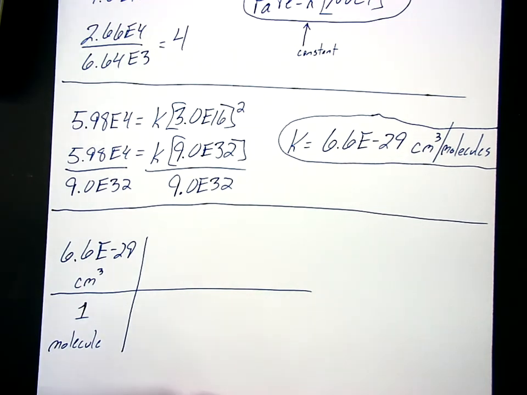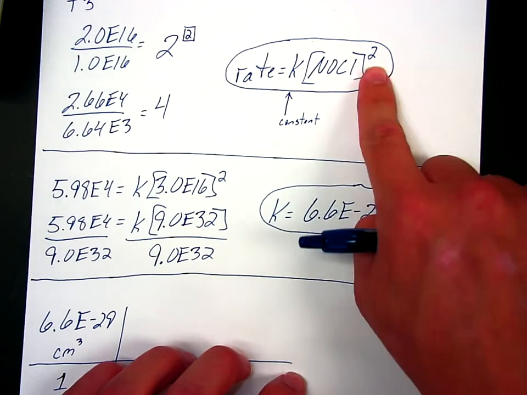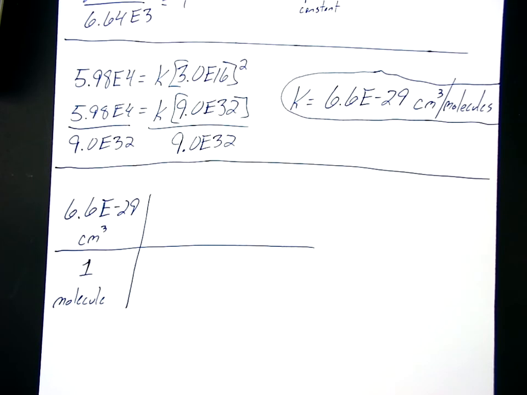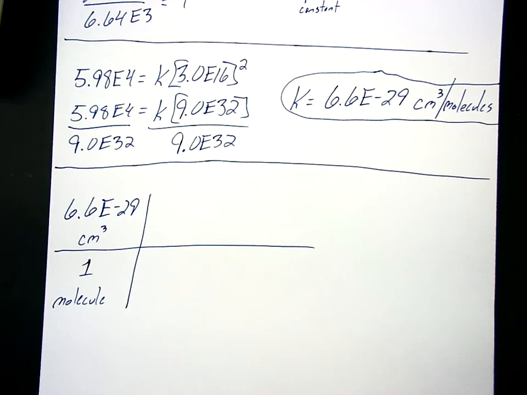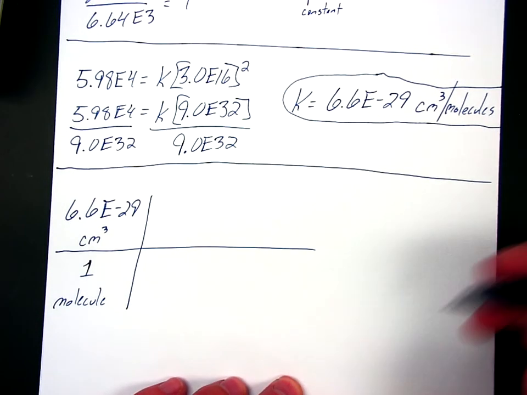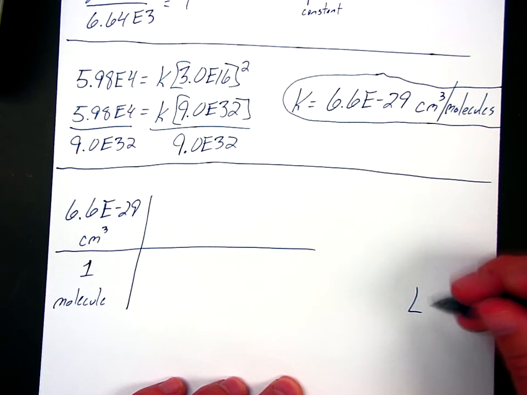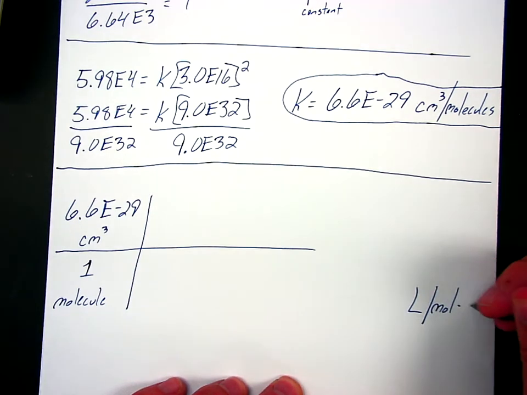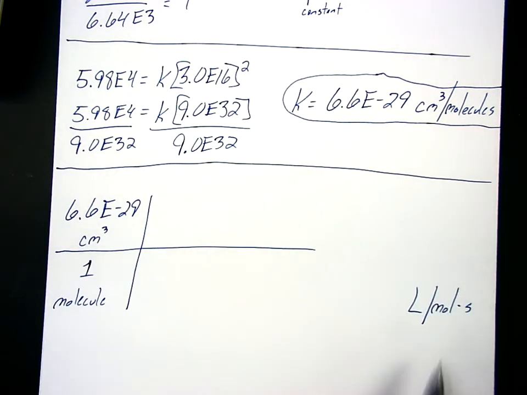But now it says that's not the units that we want it in. We want it based on being second order, of course. We already know what units second order should be in, because I've told you to memorize it. We want units of liters per mole second. So that's what the answer should be in.